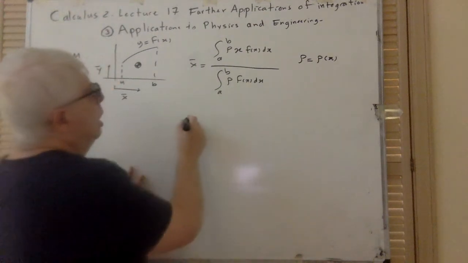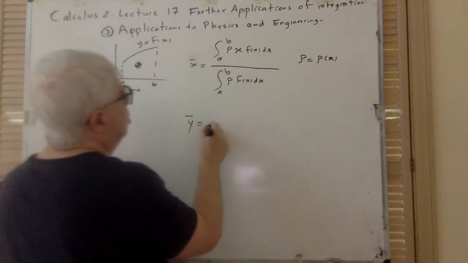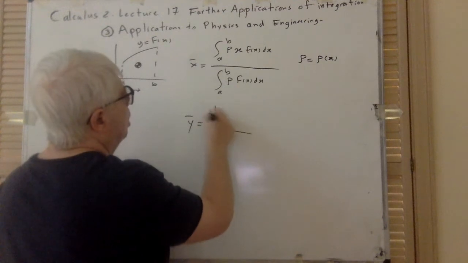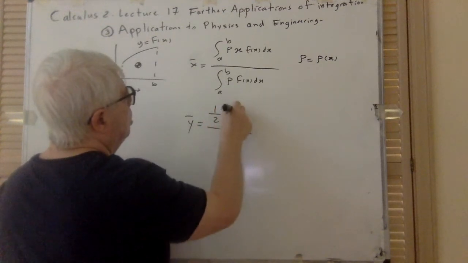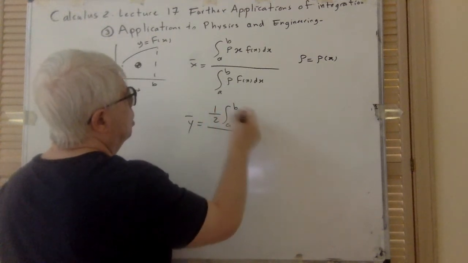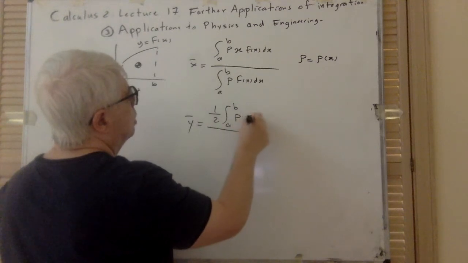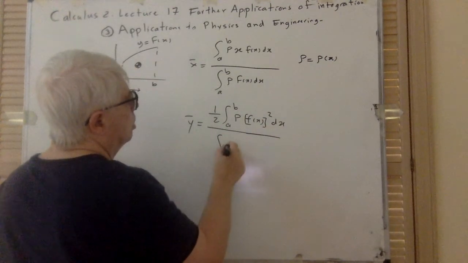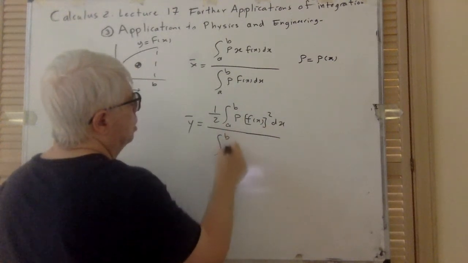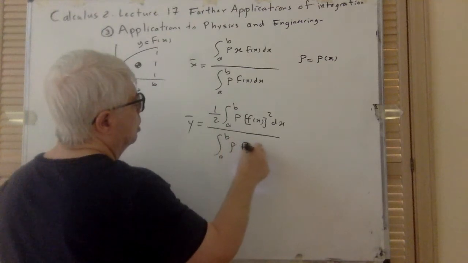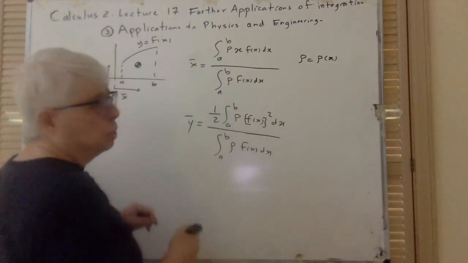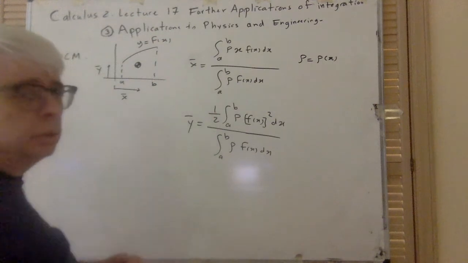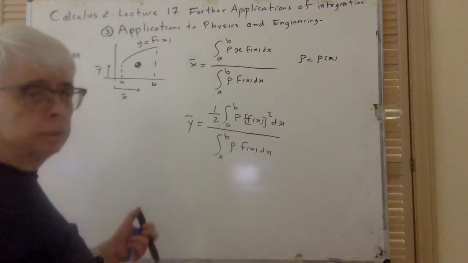And y bar is simply, what did I find? 1/2 integral from a to b, and I guess there's a rho here, and I have f(x) squared dx, over the integral from a to b of rho f(x) dx. Now the denominator is mass, so if mass is given to you, don't calculate it.